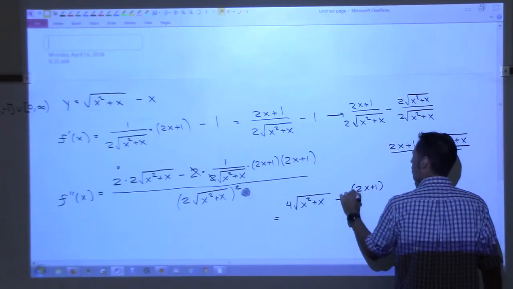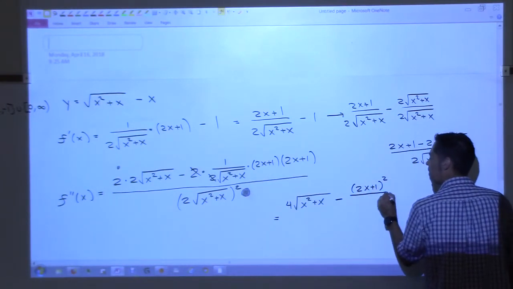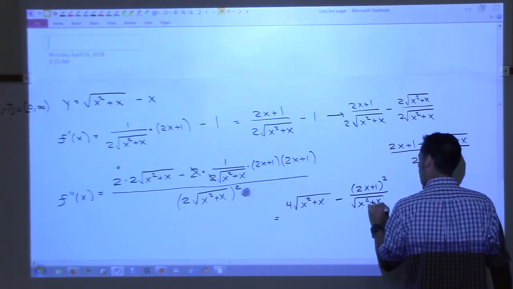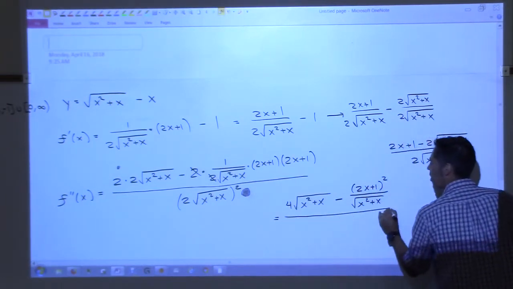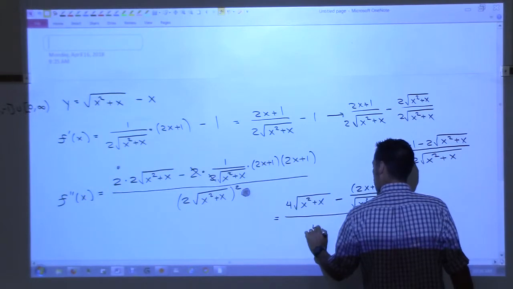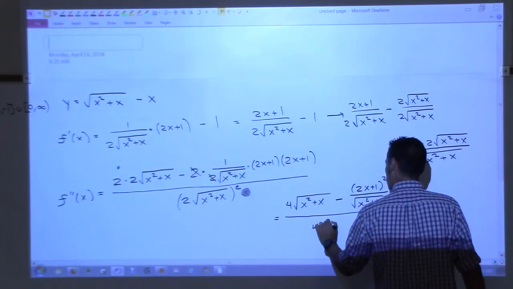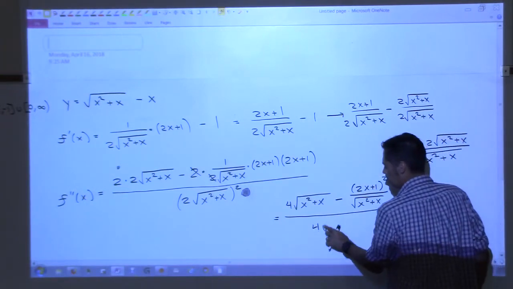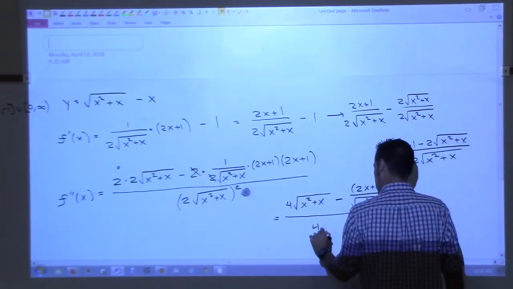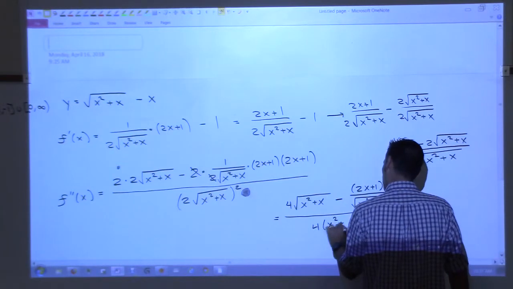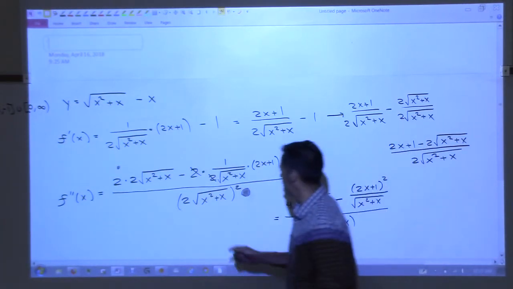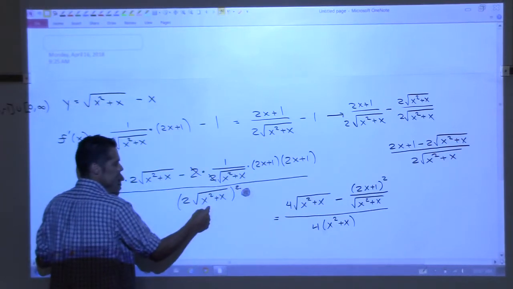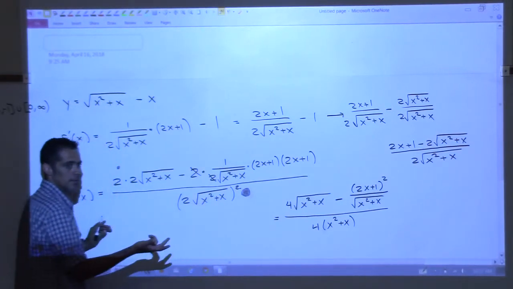There were 2 of those factors over the root of x squared plus x over 4 root... should I square the bottom now? I'll square it, okay. So what I did here was I just squared the 2 and squared the root, which made it a 4, and then the root went away, right?